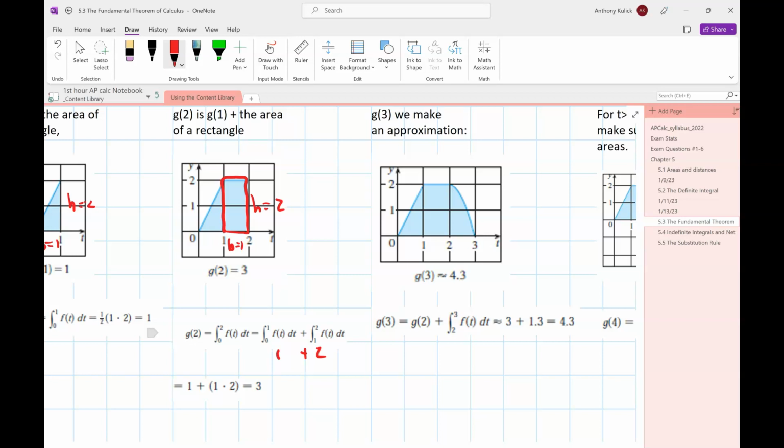Okay. If I want to do g of 3, I'm talking about this area. So again, I'm going to have my answer for g of 2 plus this new part here. And I notice that this area is curved, so I'm not going to be able to calculate this geometrically.